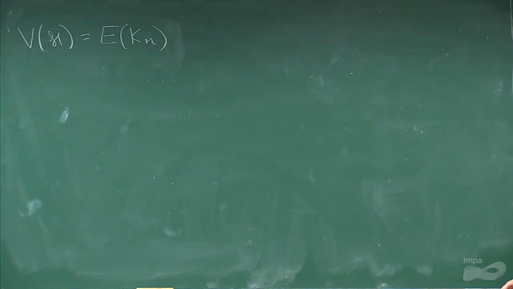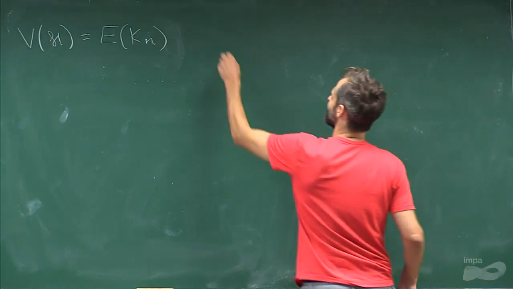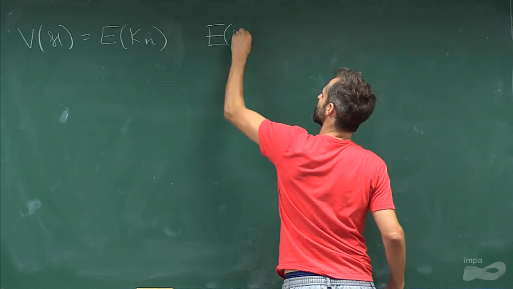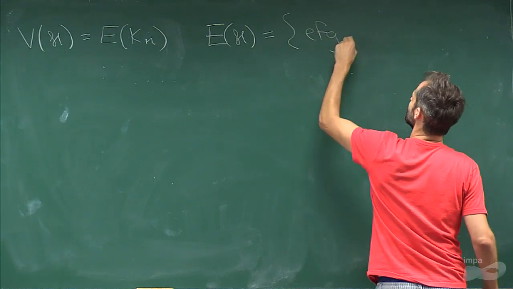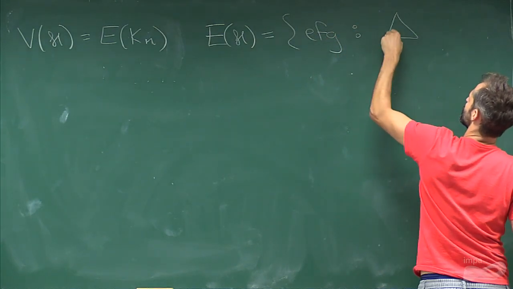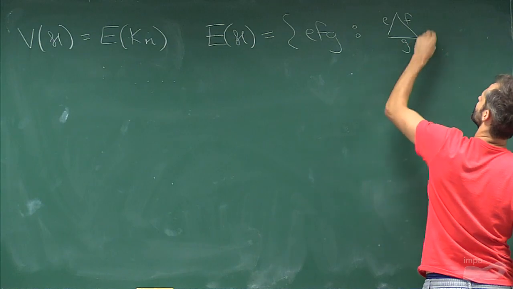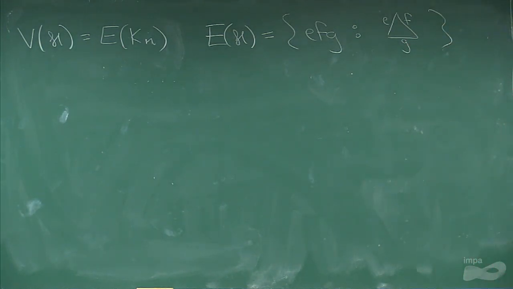The vertices are edges. And the edges of H are going to be 3-uniform. They're going to be triples E, F, G such that they form a triangle. They're going to be triples of edges that form a triangle.